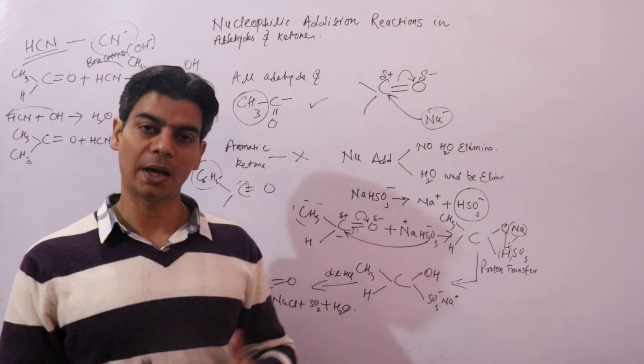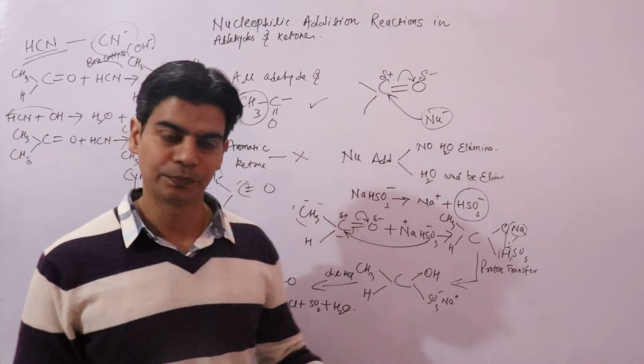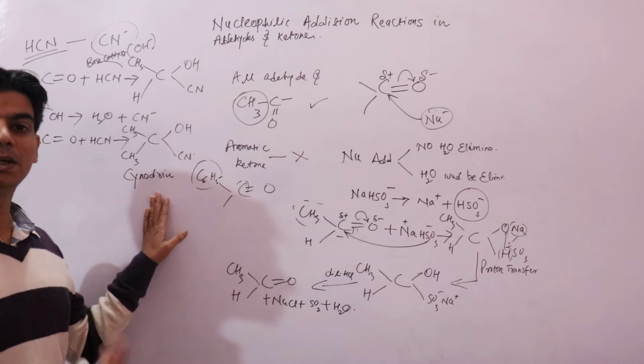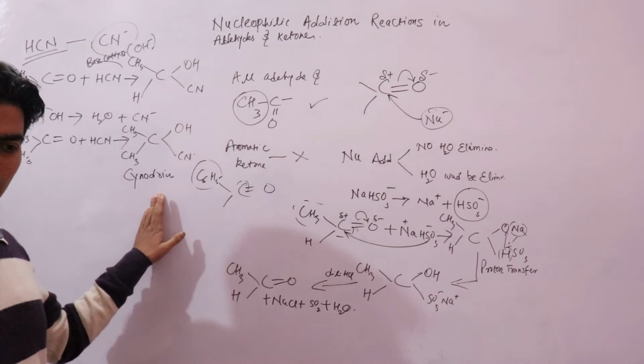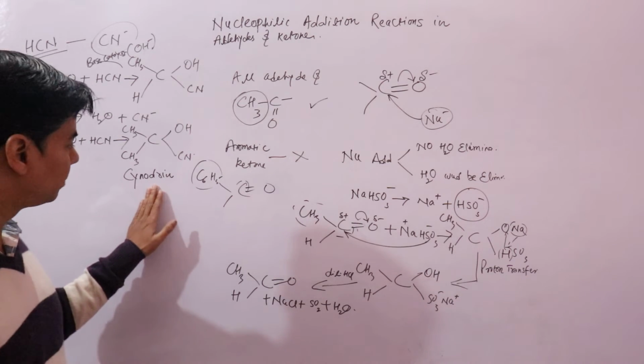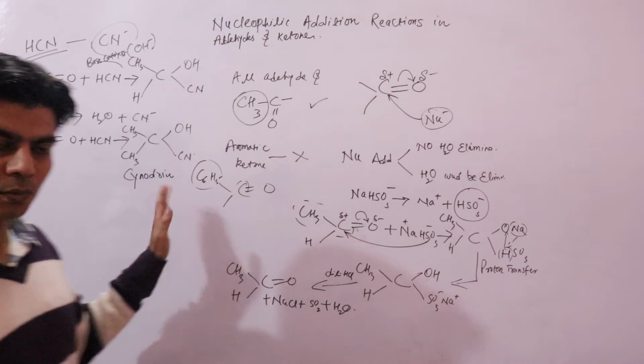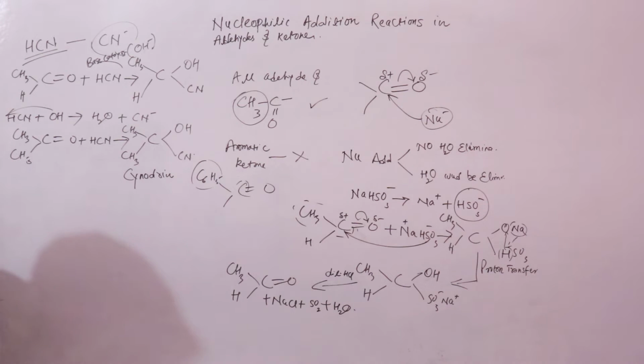They have a high organic synthesis value, right? So this compound is important from a synthetic point of view. When we say synthetic point of view, that means this compound cyanohydrin can be used to make other compounds. We'll look into some reactions where we can make other compounds using this compound.